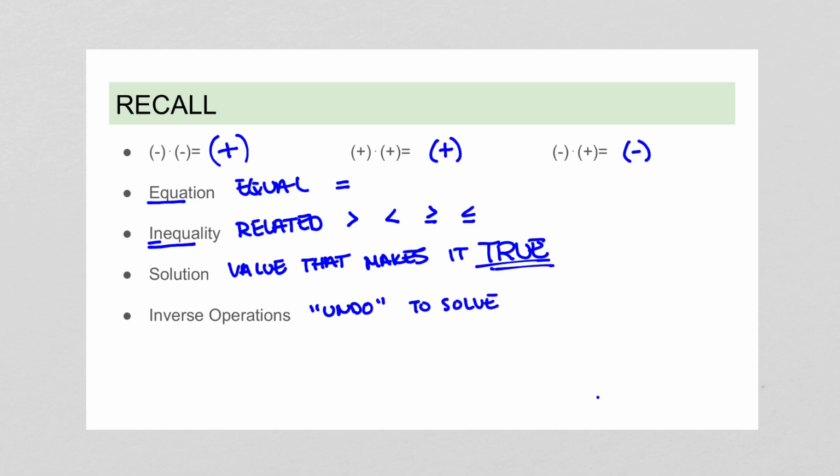For example, if we want to undo multiplication, we're going to use division. And if we want to undo division, we're going to use multiplication. In the same way, if we want to undo addition, we're just going to use subtraction. And if we want to undo subtraction, we will use addition. So it's that inverse relationship.